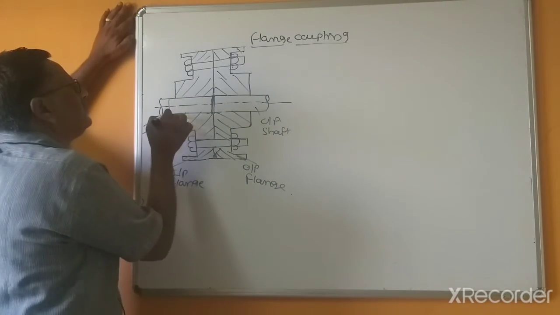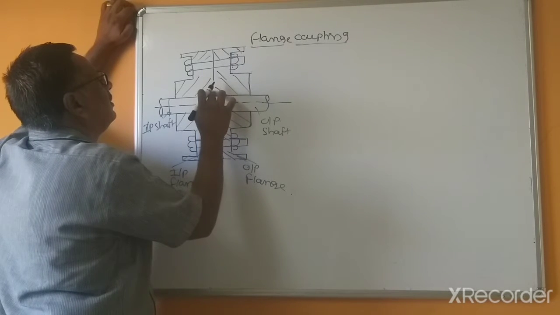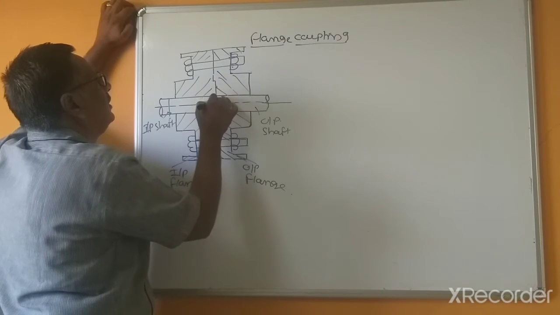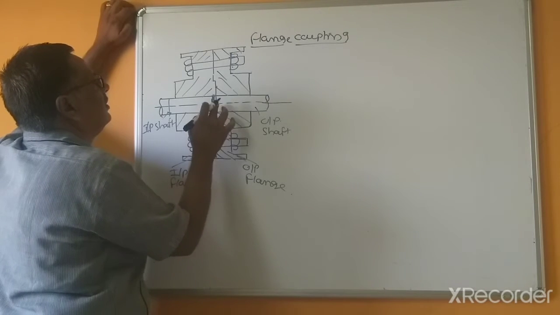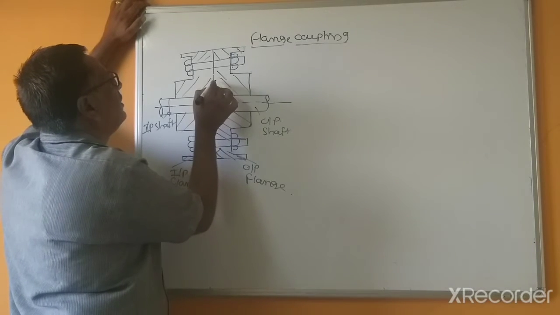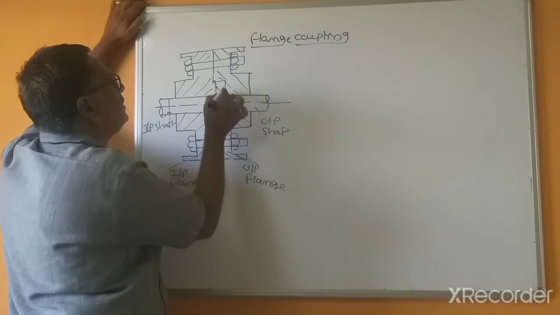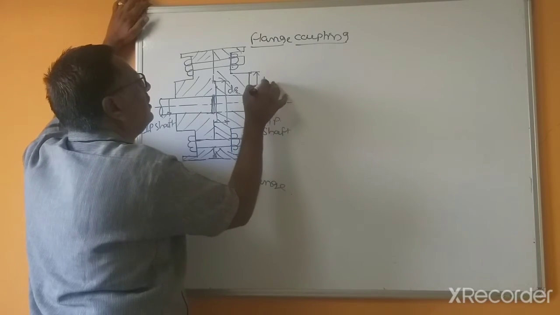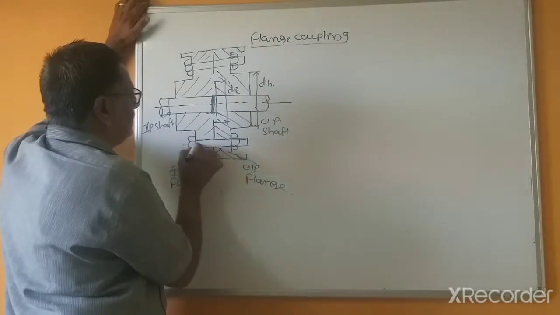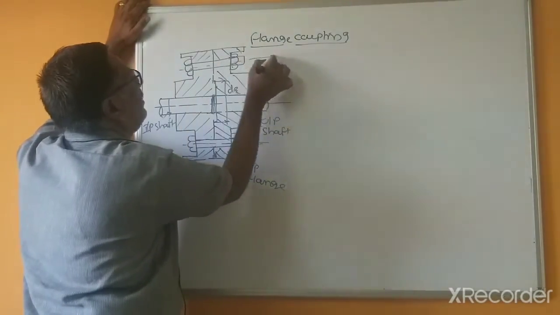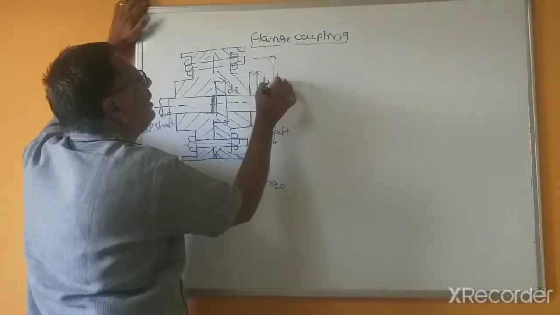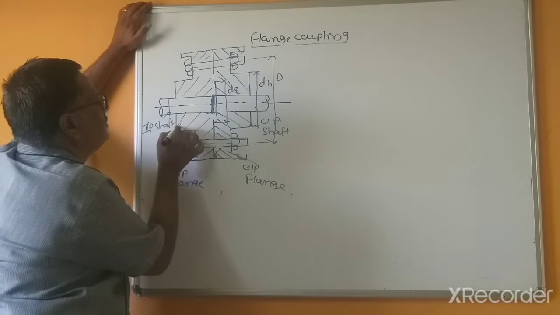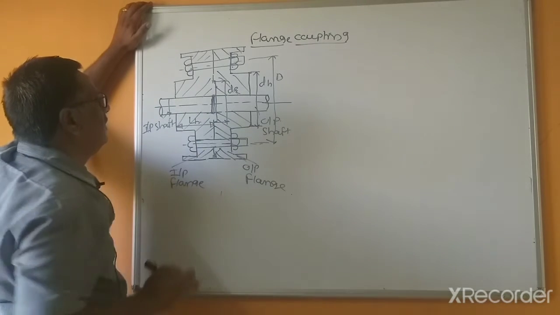D is the diameter. This is the recess, required for the male and female types, that's why it is a recess. The recess diameter is Dr, this dimension is Dr. This is the diameter of the hub, Dh, and this is the pitch circle diameter, capital D. And for the overall dimensions, this is the length of the hub, Lh equal to, right?